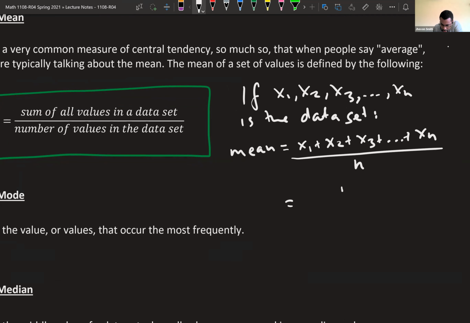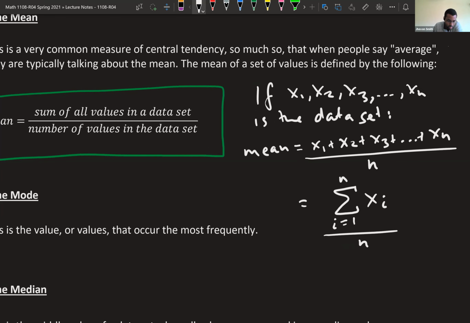There's another way of writing this with this sigma sign. I think we've seen it before, where we say xi, where that i goes from 1 up to n, all over n. Right, so that's the formula for the mean.